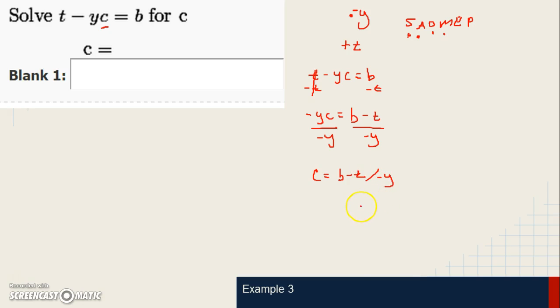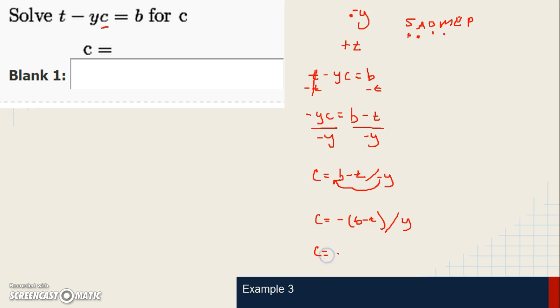And I just rearrange it using commutative and associative properties and distributive property to simplify this. I don't want this negative in the denominator because it creates a double sign. So I commute that to the front, and I have c equals negative b minus t divided by a positive y. Now I can distribute the negative.